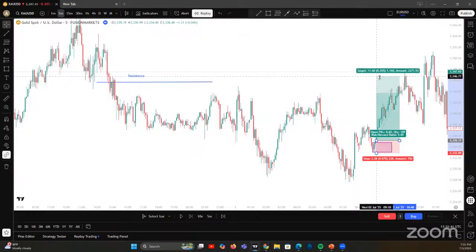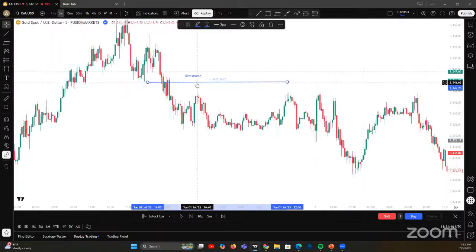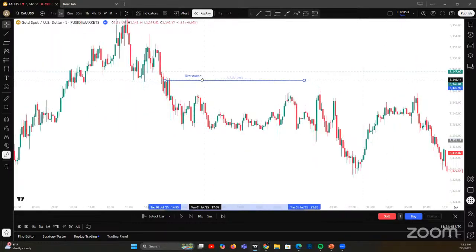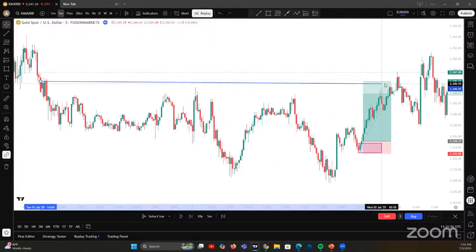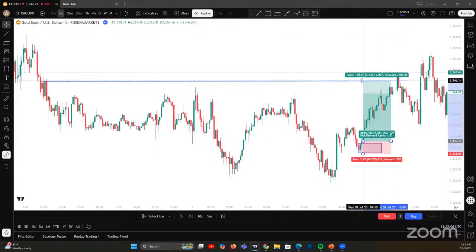Because if you can see, for example, until that mark, these are fresh. This is fresh. Remember the fresh and unfresh levels. So this resistance is still fresh, acting as fresh, and price wants to go to fresh zones. You see, just like that, it went through and broke through.